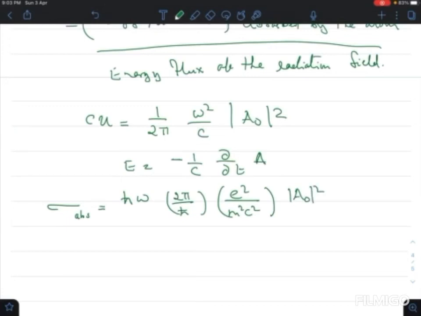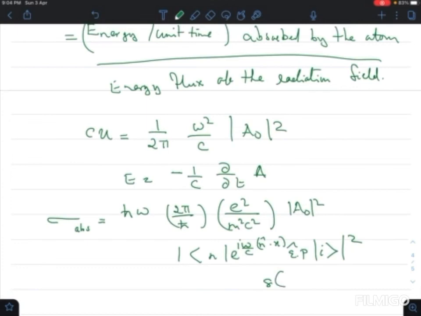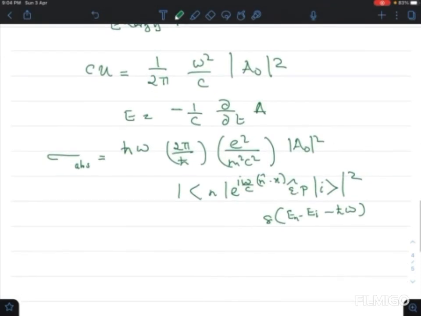Then you have that n e^(iω/c n·x), then ε·p i the whole square, then the delta function δ(E_n − E_i − ħω), then divided by what you have, energy flux of radiation. So that is 1/2π, this is it.